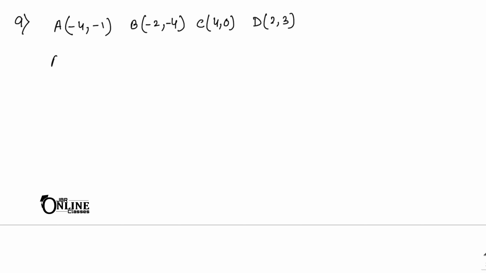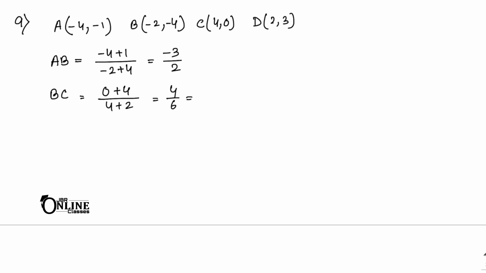So first, if you want to find the slope of AB, that equals (-4 + 1) by (-2 + 4), so here -3 by 2. Next, the slope of BC equals (0 + 4) by (4 + 2), that equals 4 by 6, that means 2 by 3.